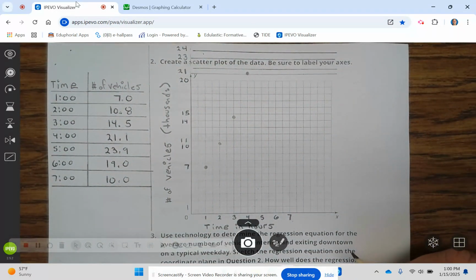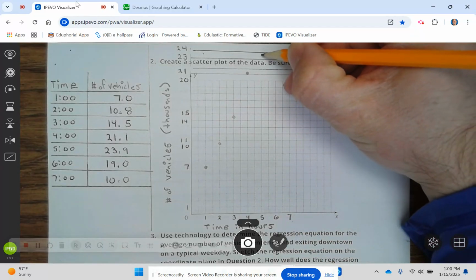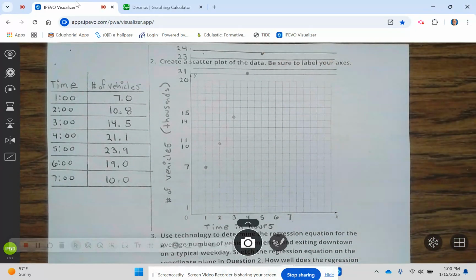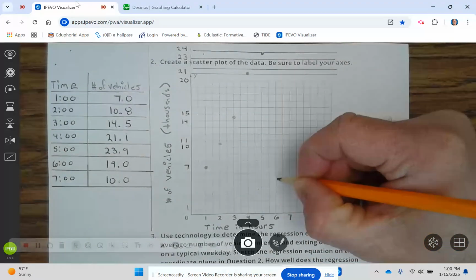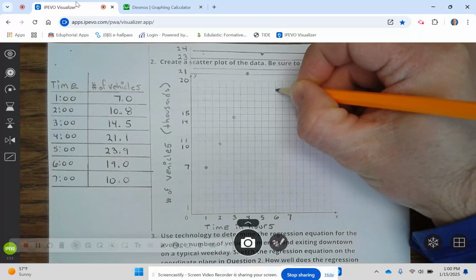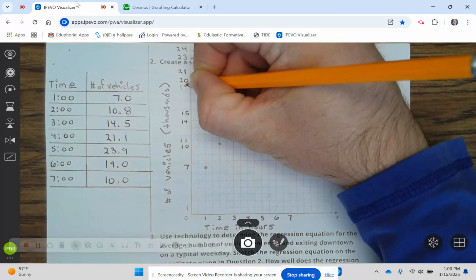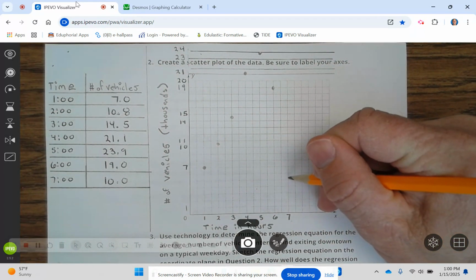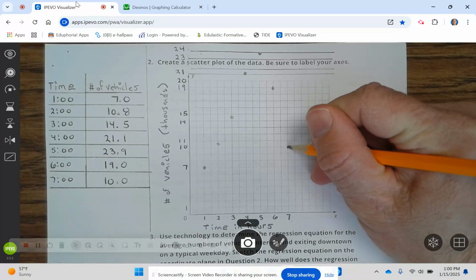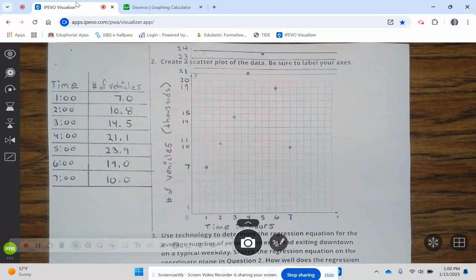And then 5 is 23.9, which is pretty much at 24. 6 is at 19. And then 7 is at 10. All right. Go ahead and finish graphing the points.